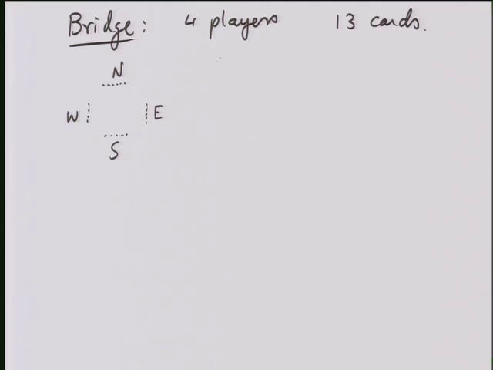So we have to pick subsets S sub north, S sub west, S sub south, S sub east. These are subsets of the 52 cards, 1 through 52. Sorry, it looks strange to call the cards 1 through 52, but what I mean is ace of clubs, etc. There are 52 of them, so let's call them 1 through 52. So first, this is what the unordered object looks like.